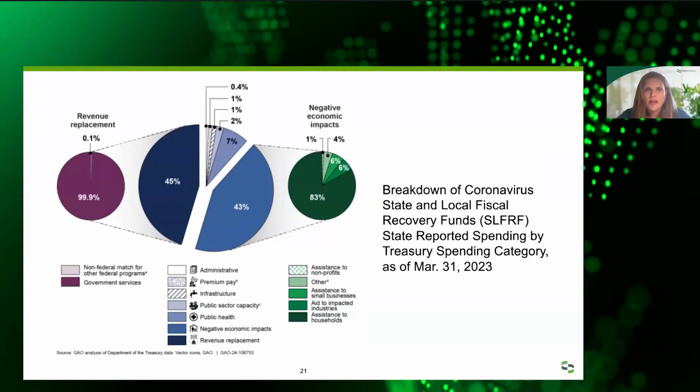So this is something I think is a very interesting breakdown of where the dollars have gone, that you can really see. And so administrative, 0.4% of the overall ARPA dollars has been spent on administration.